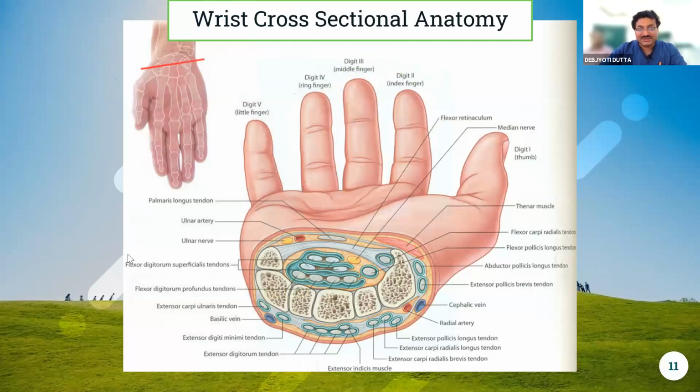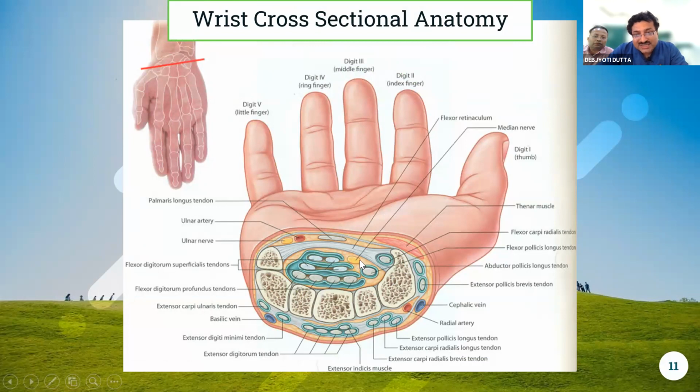So what you can see in this cross-sectional view, again, depending on where you are cutting, you will be able to see the carpal bones. Next, from the scaphoid to the pisiform, you will be able to see a ligament, that is the transverse carpal ligament.